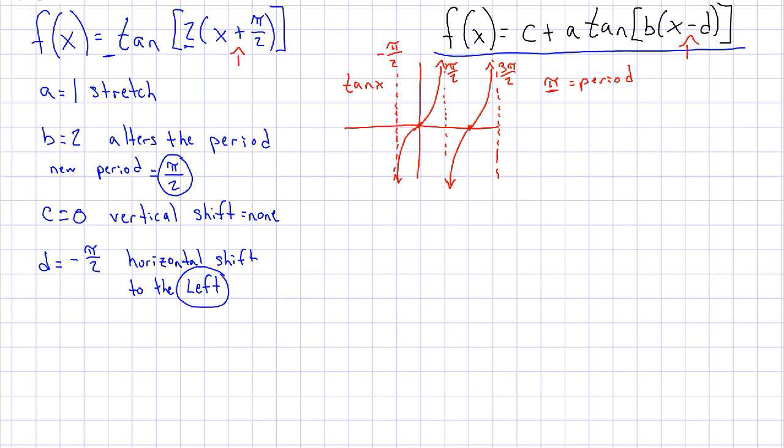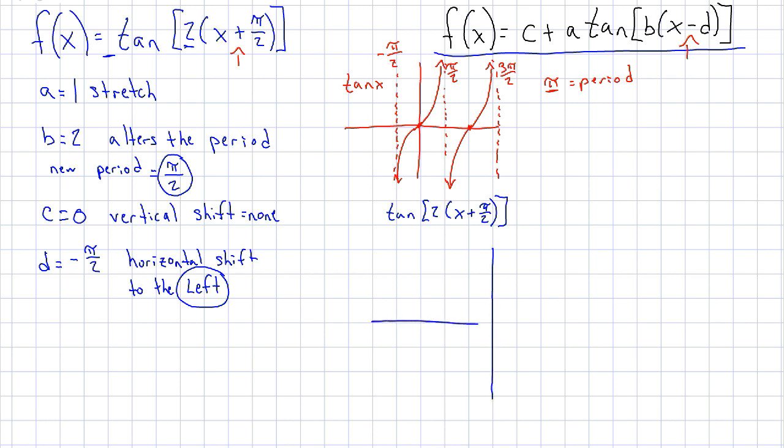So if I'm graphing my altered function, tangent of 2x plus pi over 2, what I need to do is I always first address any phase shift, and I also need to address the alteration of the period.